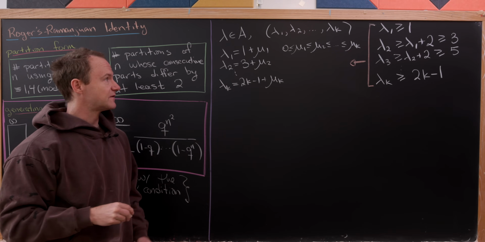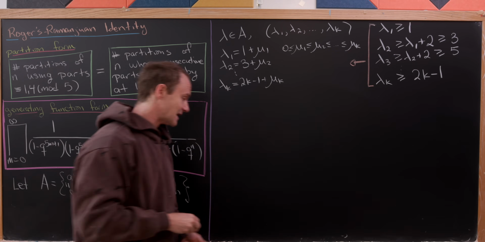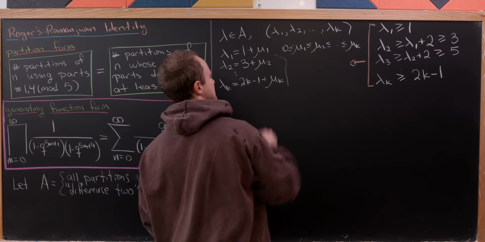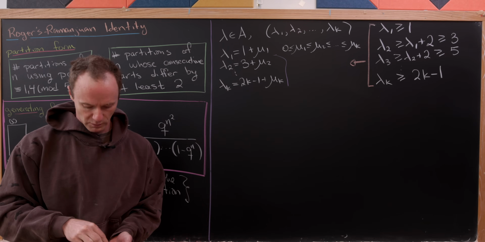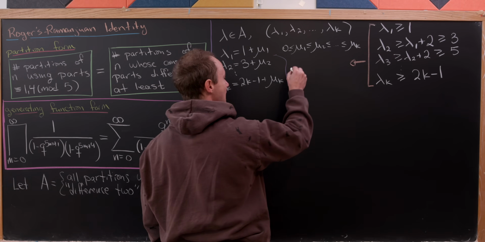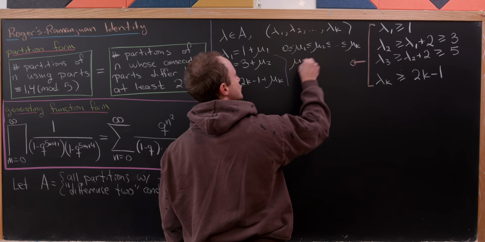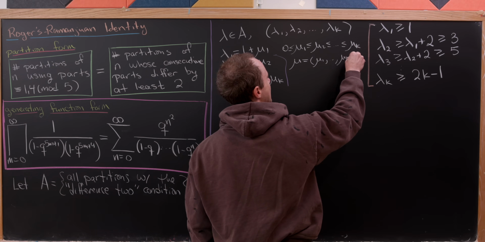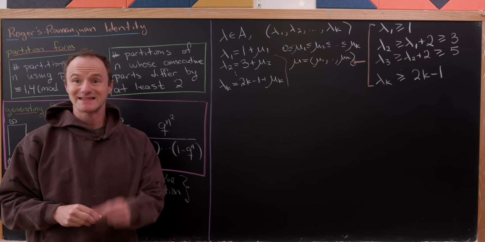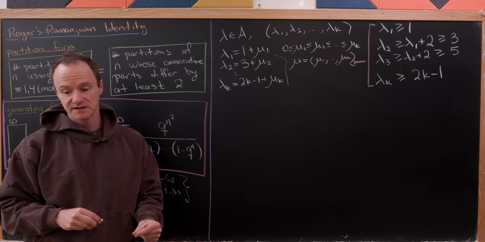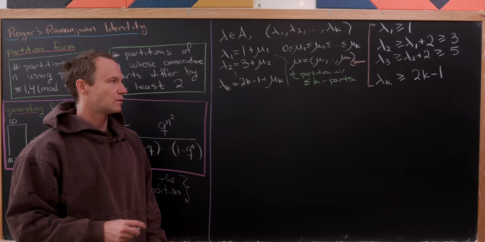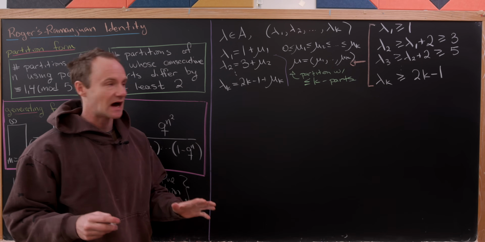So let's observe that the mu may not be a partition in the defining sense that we had before where we have positive integers, but we can still group it into a tuple. We can say mu is equal to mu 1 up to mu k. And well, it's not a partition with k parts. It's a partition with less than or equal to k parts. So why do I say less than or equal to k parts and not k parts?